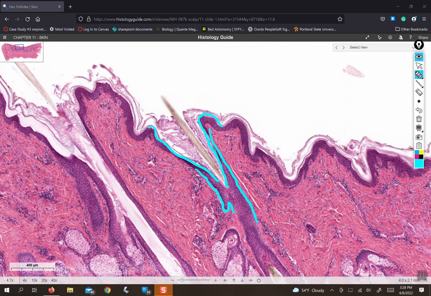And hair is also keratin. It's just a modified form of it or different shape of it. So it makes sense that the epidermal layers are going to sort of fold inward to form the hair follicle. So it's just a specialized epidermal structure at the end of the day.